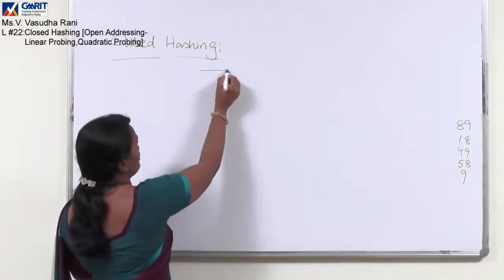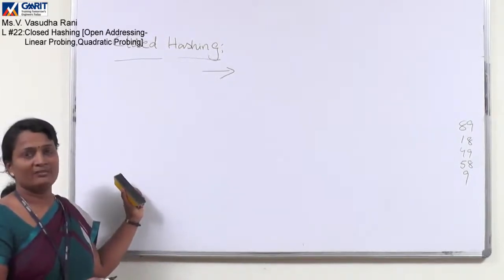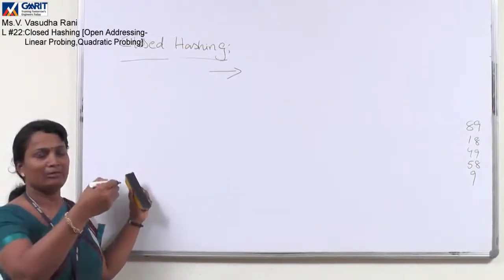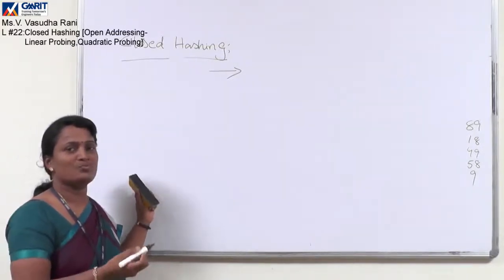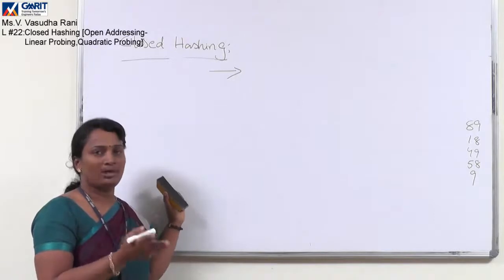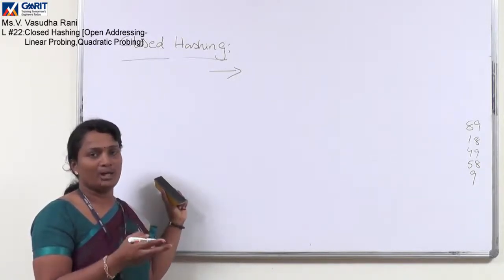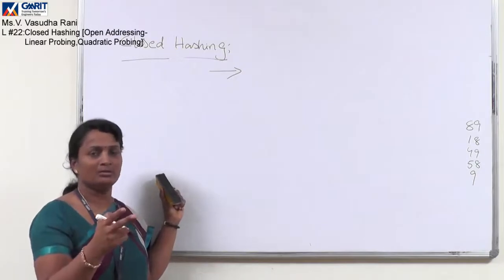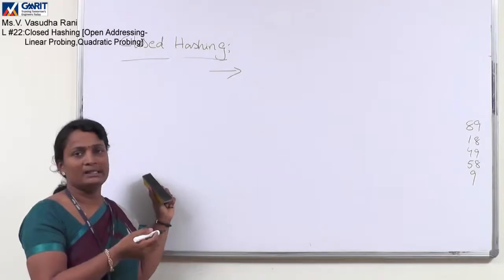Under this, unlike in open hashing, where we have seen the array of linked list implementation wherein, if two keys get the same index, we provide additional memory for the new key inserted at that particular index.